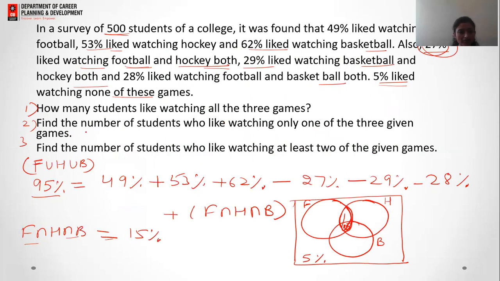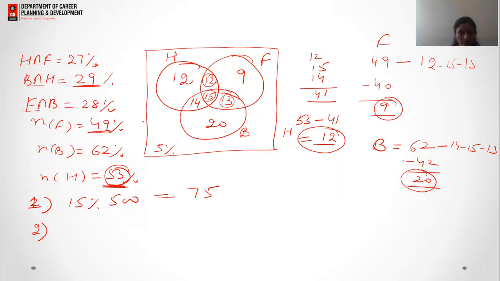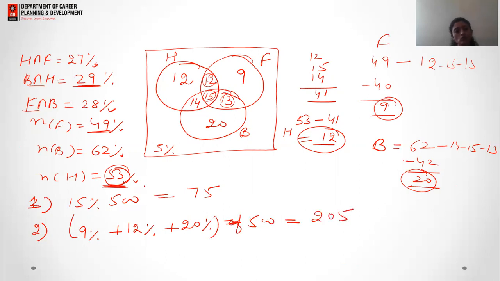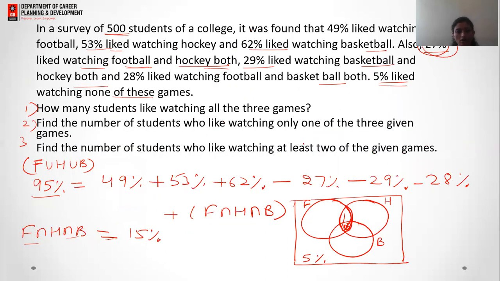And then we have to find the number of students who like watching only one of the three given games. So only football, that is 9%, only hockey 12%, only basketball 20%. We have to find this percent value of 500, and when you solve, you will get 205. It means 205 students like watching only one of the three given games.